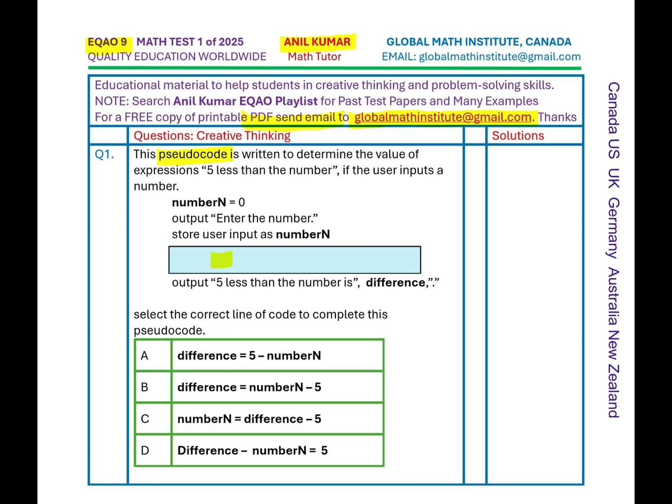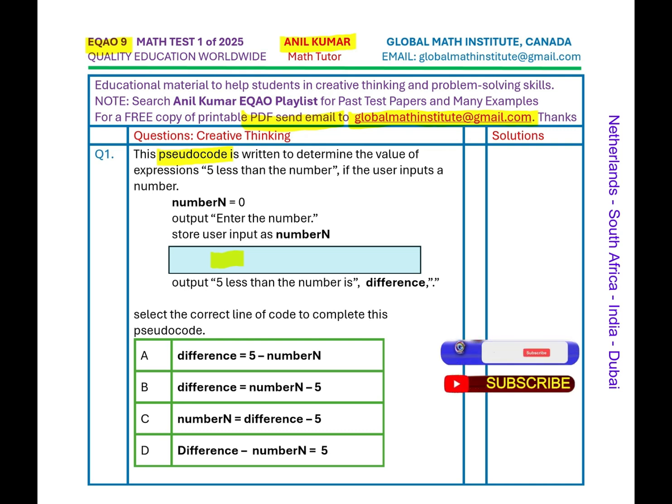And then here something will come which has been missing. Output 5 less than the number is difference. Select the correct line of code to complete this pseudocode. So there are four options. One of them is right, which will go right there in this blank space. You need to pause the video and answer the question.